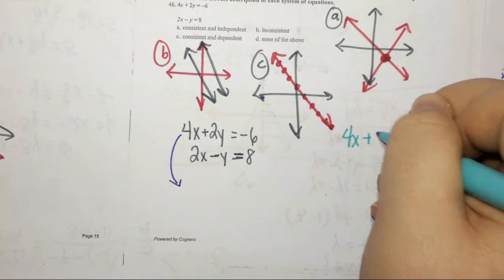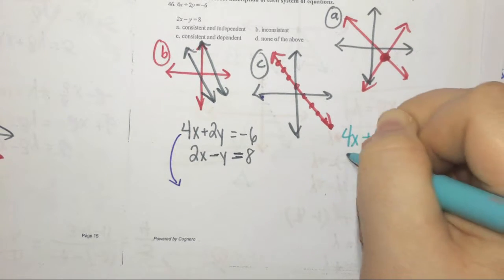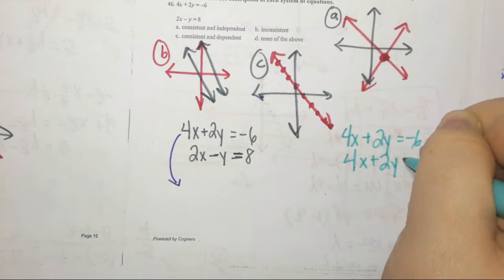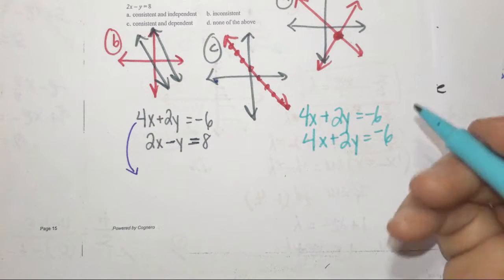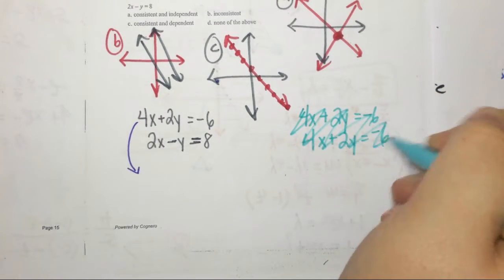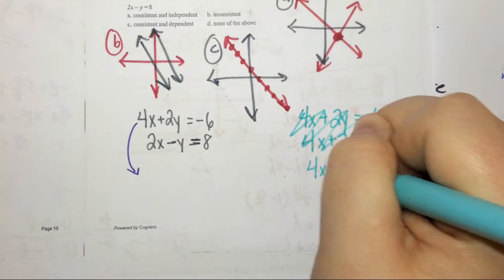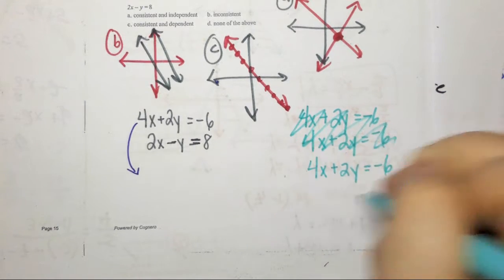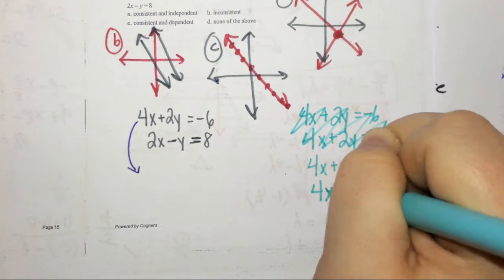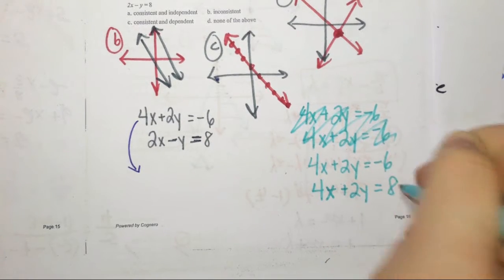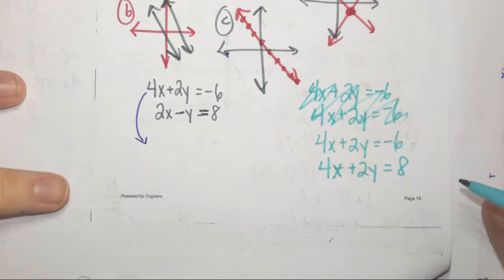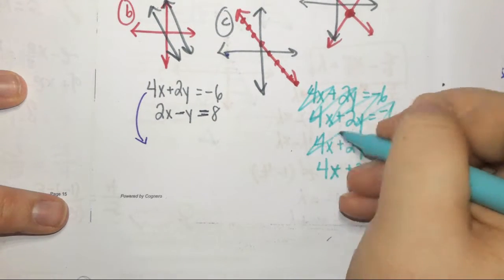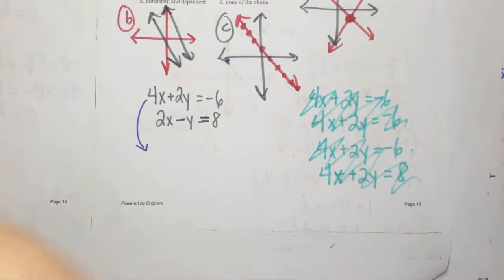So if we multiply and we've got both top and bottom the same equation, if we could somehow make that happen, then that would mean they're the same line, so we would know the answer C. Now, if we were to multiply and we get one equation and 4x plus 2y equals 8, well, they don't have the same numbers on their end. So then they would have been parallel, so it would have been B. But sadly, Karen was trying to think like me. I was trying to easy my way out of it.